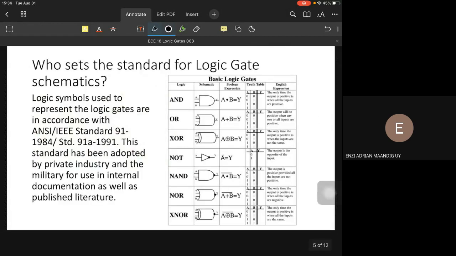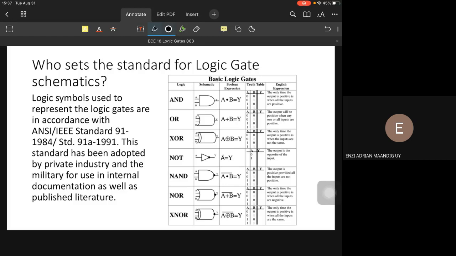It was ANSI or IEEE who formalized the logic gates. They set the standard for logic gate notation. So, we have 7 basic logic gates, yet 5 are commonly used.